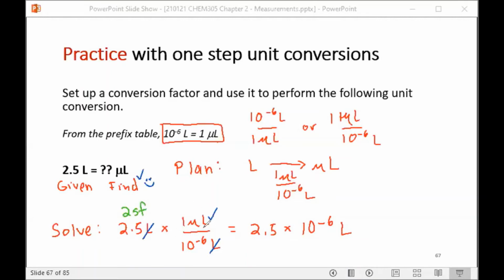And our conversion factor is metric system microliters to metric system liters within the prefix table, so that has infinite sig figs. So our final answer should have 2 sig figs, which it does. So 2.5 times 10 to the negative 6 is our final answer.